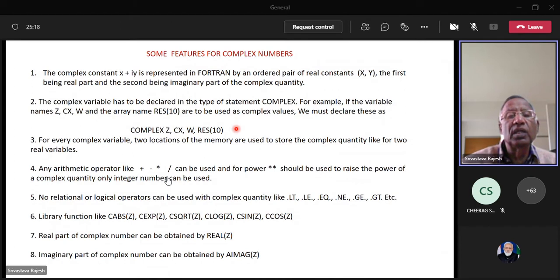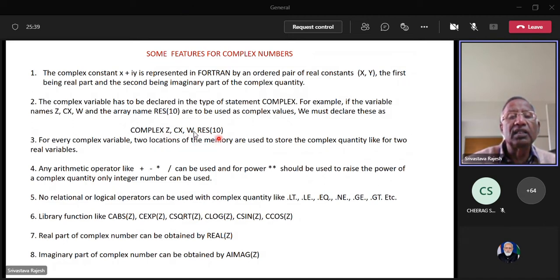You can't do a declaration just before you are using it, so that the computer is ready to handle these things as complex. Now the computer knows ZCXW is complex, so it has double storage for this.